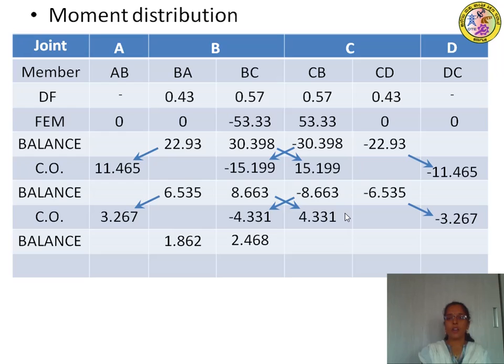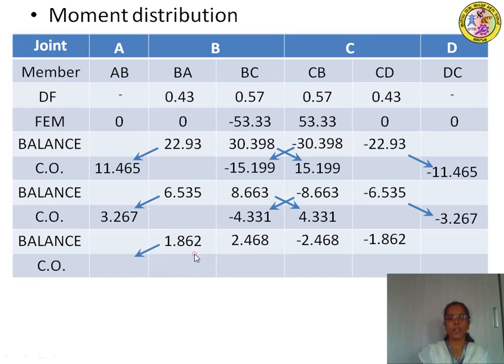Then at joint C, the imbalancing moment is plus 4.331. Therefore balancing moment will be minus 4.331. So minus 4.331 into 0.57 will be equal to minus 2.468, and minus 4.331 into 0.43 will be equal to minus 1.862. Okay. So again the next step is carry over from BA to AB.